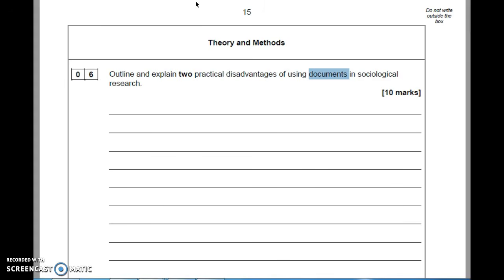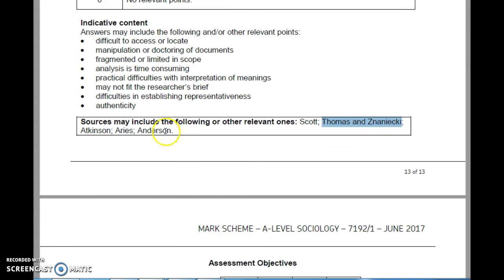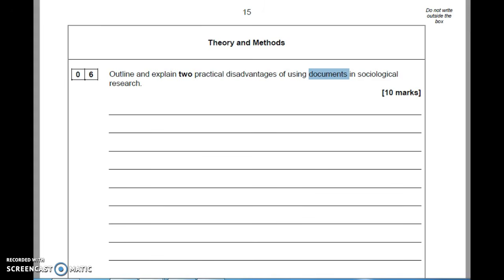This also raises the practical difficulty of interpreting meaning. Not strictly a sociological piece of research, but one that I do talk about with my students is Anne Frank's diary, and the fact that that needed to be translated. Again, that problem of translation could be mentioned there as well.